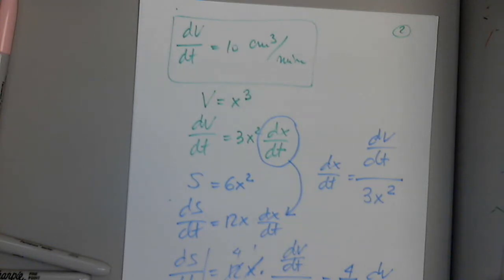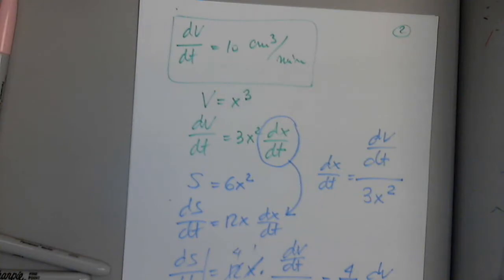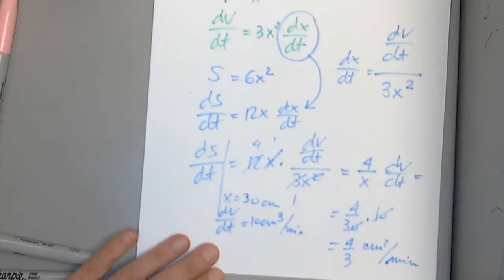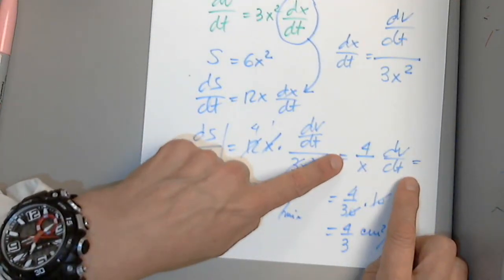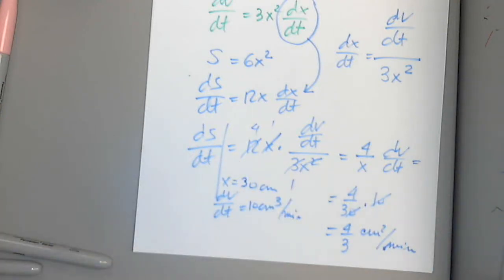And this is what I put in here. Yes. So it's 12x dx over dt, and I just copied this in here. And then we simplify and we plug in the numbers. So we simplify to this, and now x is 30 and dV over dt is 10. And that's how we get 4/3 centimeters squared per minute.